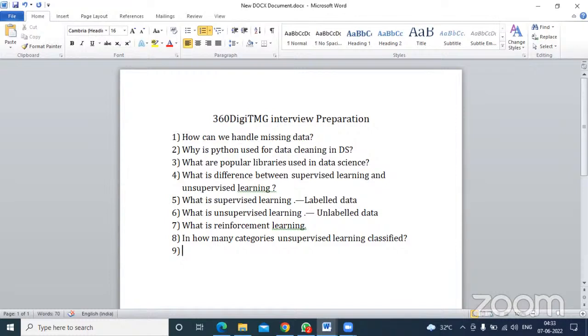As we are saying, unsupervised learning works on unlabeled data, there is no teacher and no guidelines for the machine or algorithm to learn from. So how many categories are there for unsupervised learning?